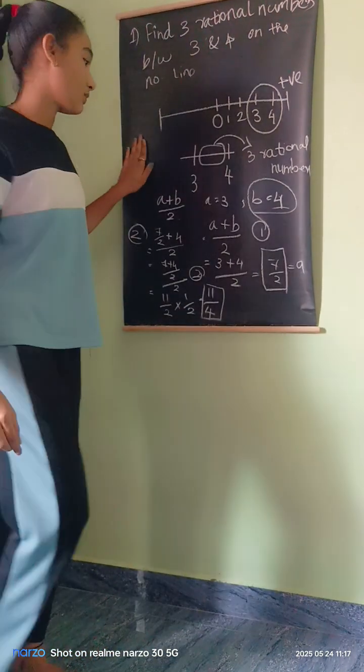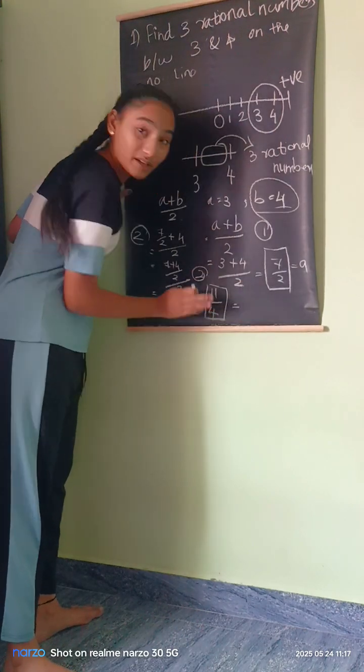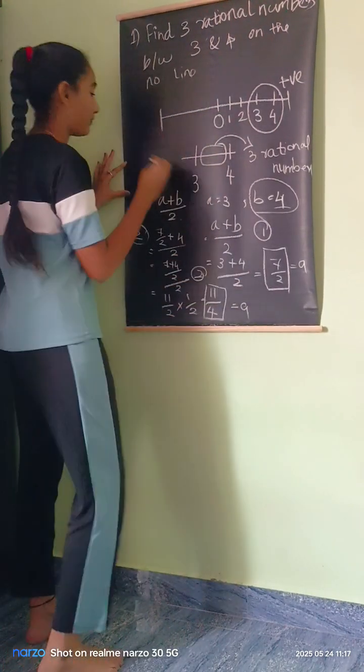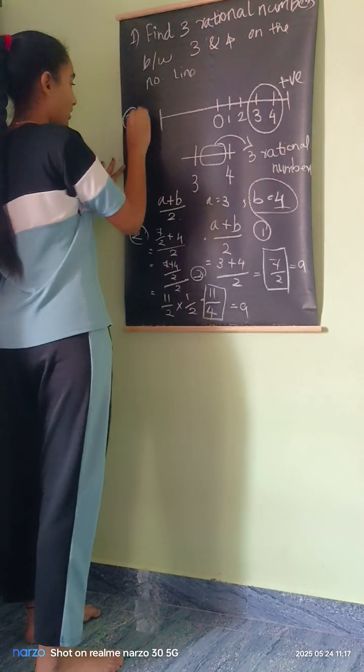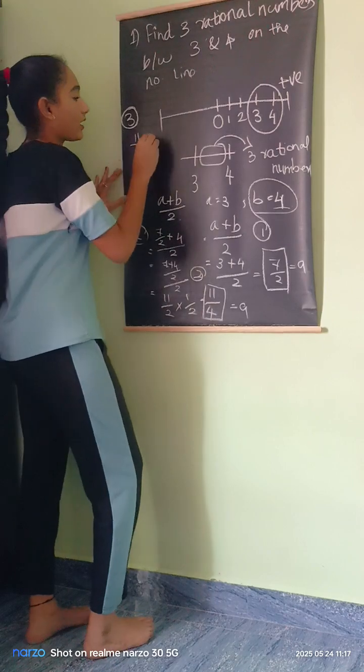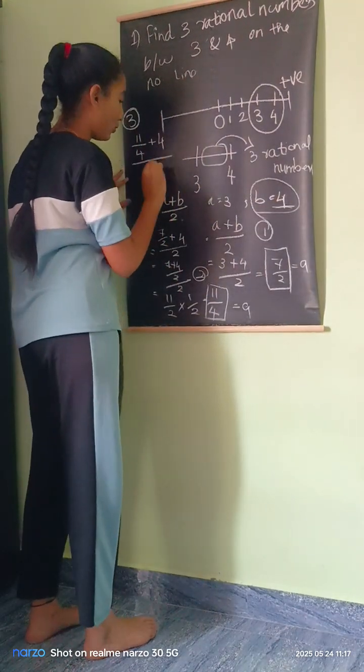Let's do the third one. This will be the next value of a, so a is 11 by 4, plus the b value, as usual 4, by 2.